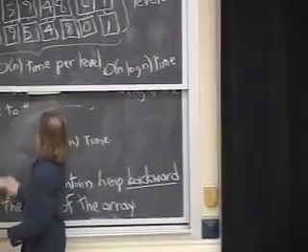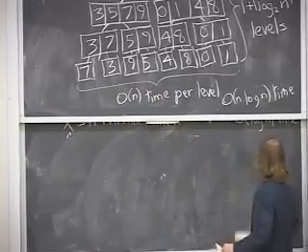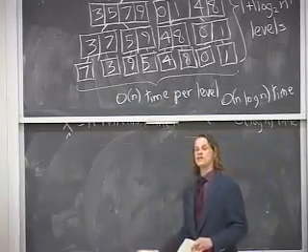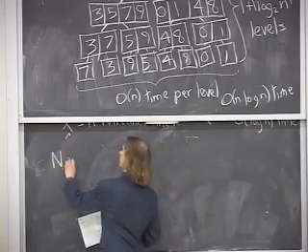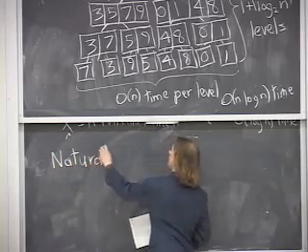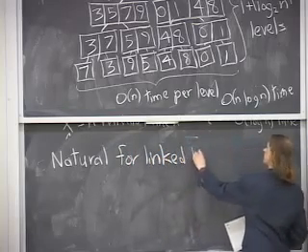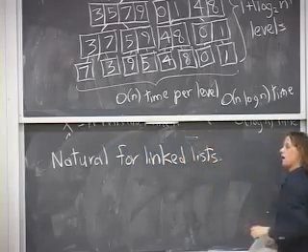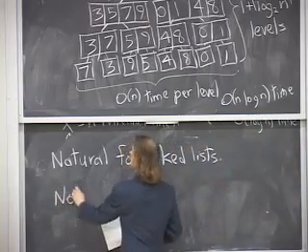So one last word. Merge sort is a natural for sorting linked lists, but it is not an in-place sort for arrays.